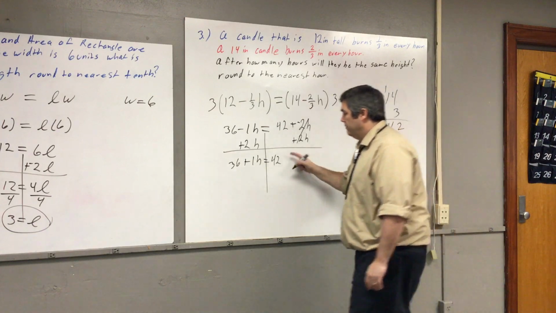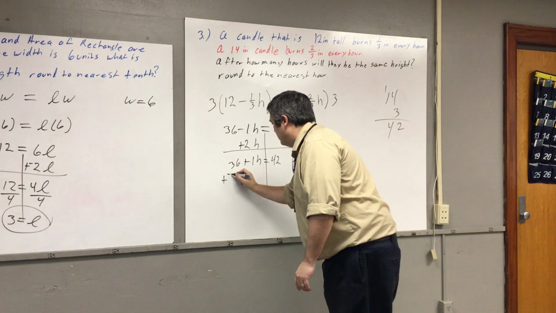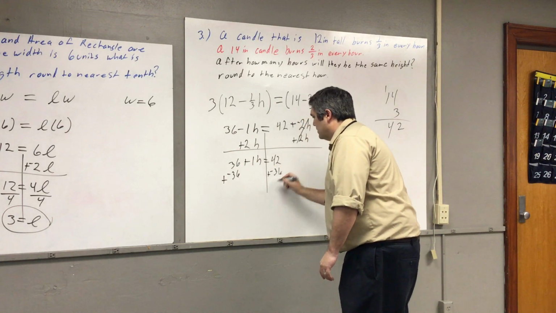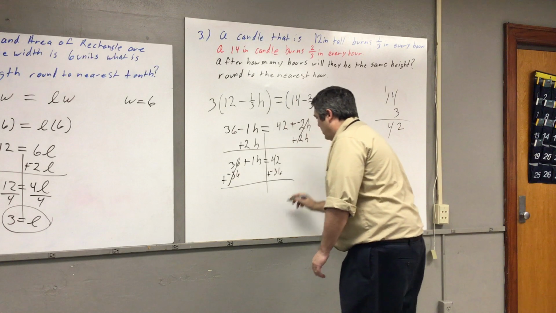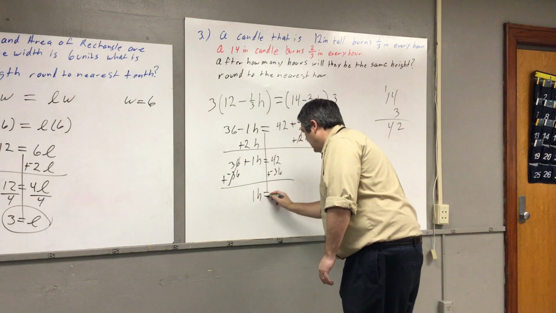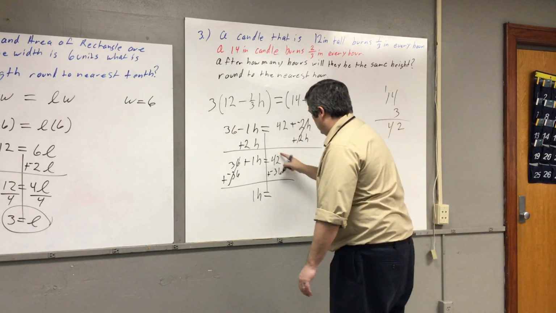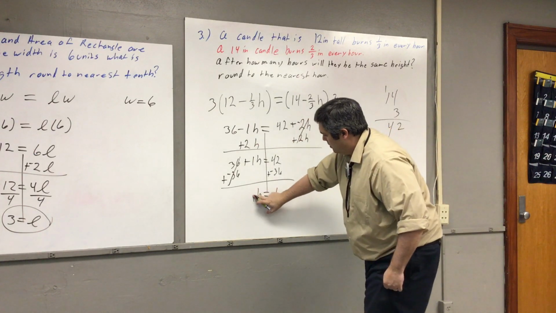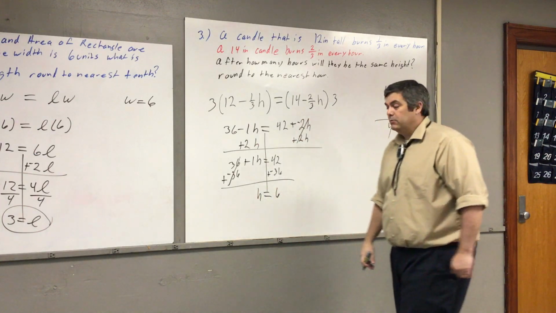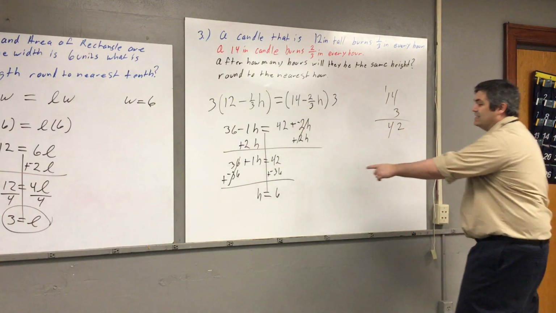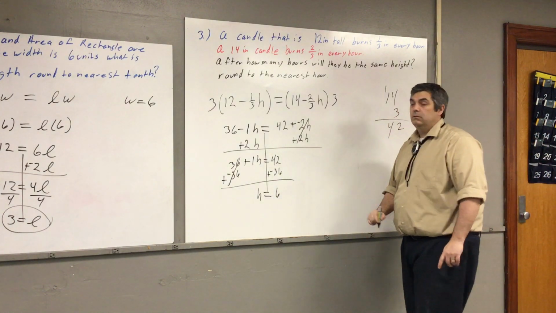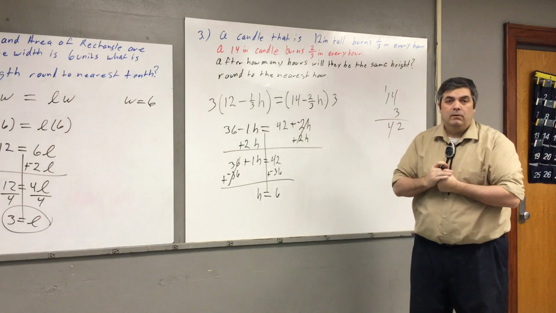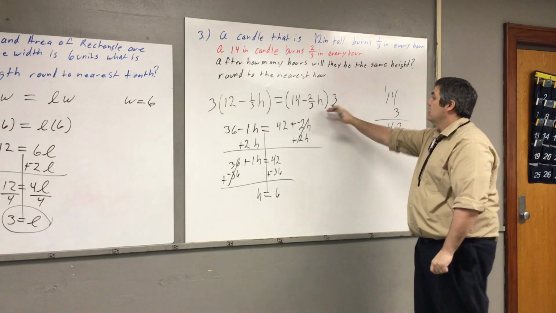So far so good. Now plus negative 36, plus negative 36. These cancel out. I have 1h equals 6. So 1 times h is h equals 6. So in 6 hours, these two will have burned down to the same level. That's all that's saying. 6 hours, they'll be the same.